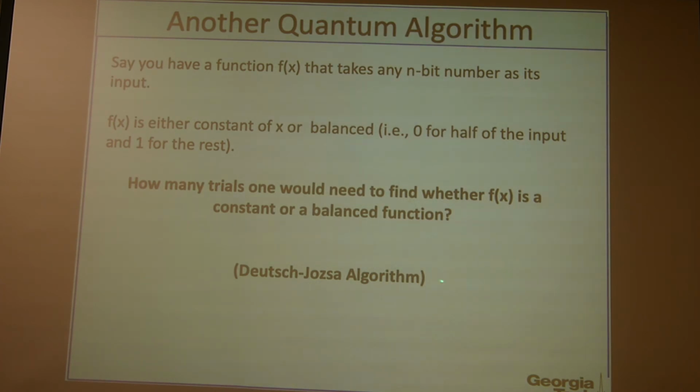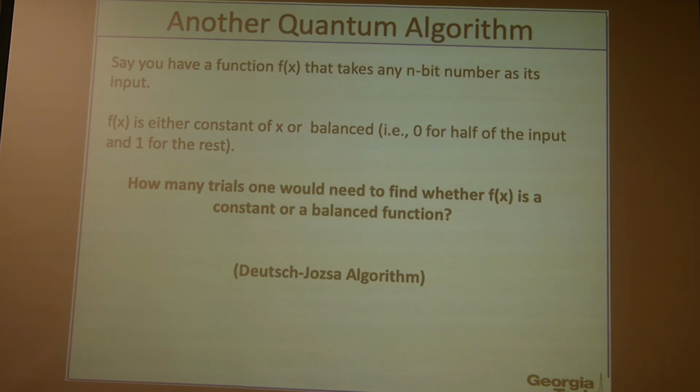What is interesting is that if you can use some quantum properties in your hardware, it's quite amazing that using an algorithm called the Deutsch-Jozsa algorithm, you can determine whether f of x is a constant function or a balanced function by doing just one trial. Right? So that's amazing. Think about it, if n is as big as 10^24, see how many trials you would need.